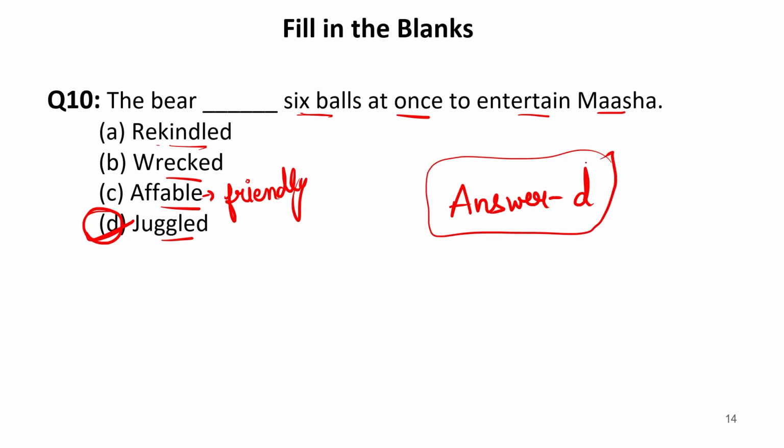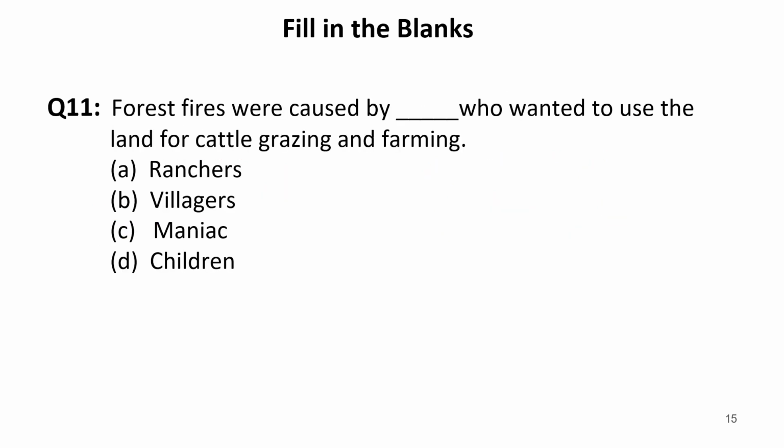Now let us move to the next sentence. Forest fires were caused by dash, who wanted to use the land for cattle grazing and farming. So there must be some person who has caused these types of fires, and the person should relate to land for cattle grazing.